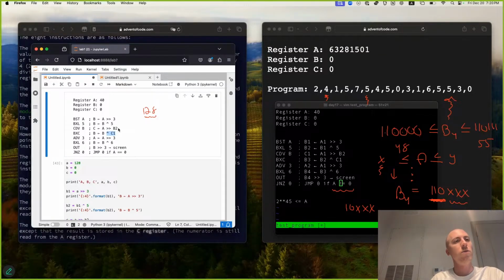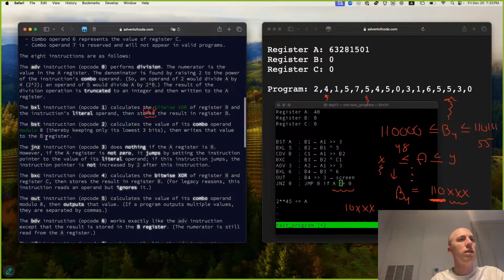That means it's only going to go down. It means C is only going to go down. I don't see how you can recover from this. This is the BST thing.